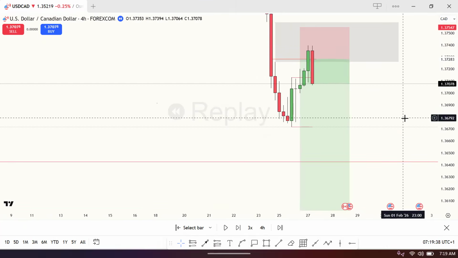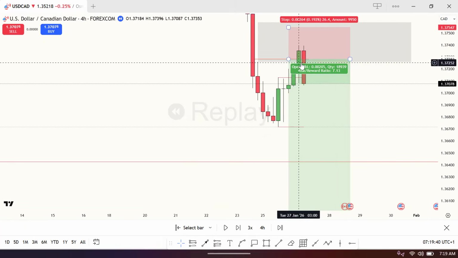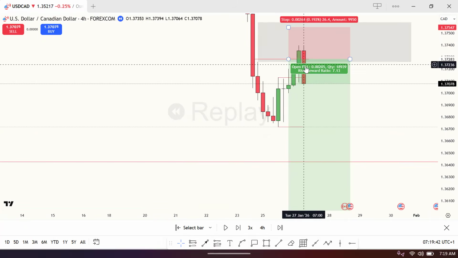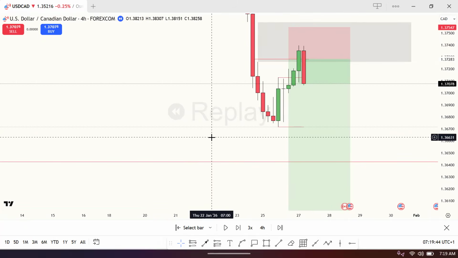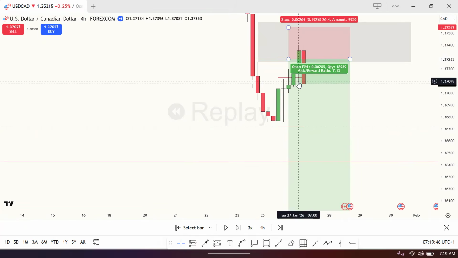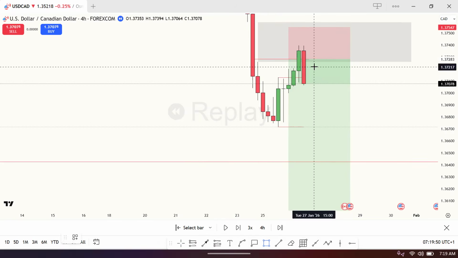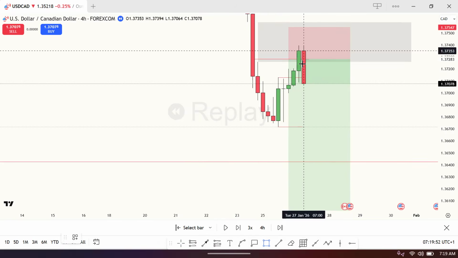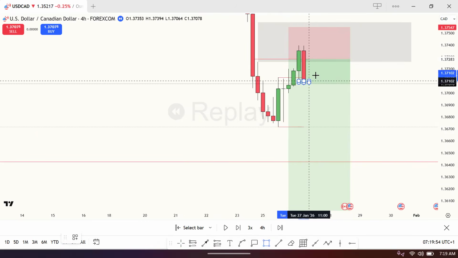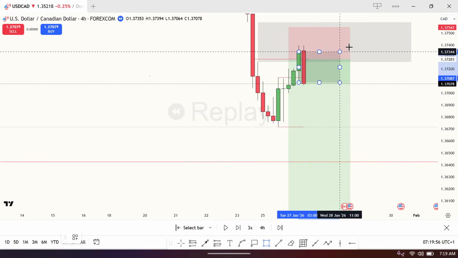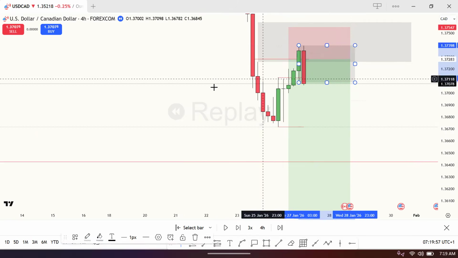That is the first. And price didn't just form a bearish candle close, price also formed a valid order block. So this last up candle before this aggressive down move, that is the order block.